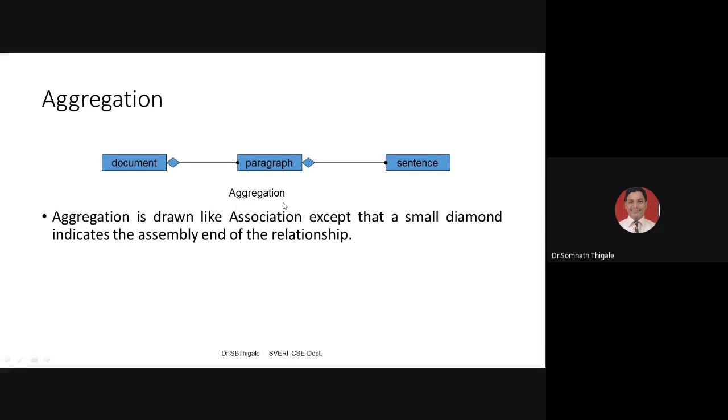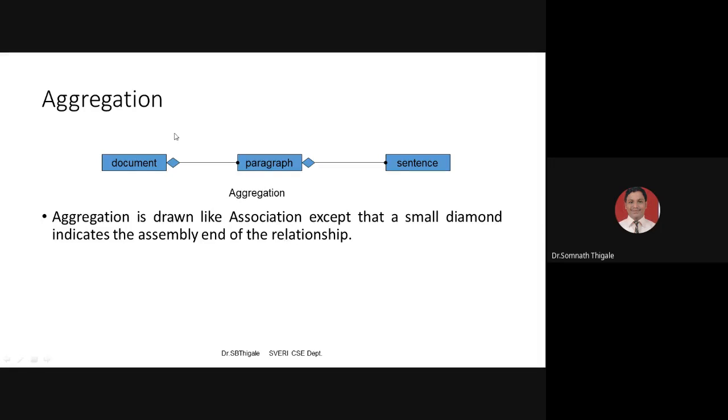This is aggregation, the way it is represented. Filled diamond and hollow diamond indicate the assembly end of the relationship. You might see different notations, but don't worry, in the upcoming practical part we will see how it actually looks in the tool. So remember, aggregation is known as an is-a-part-of relationship, indicating either a strongest or weakest relationship.